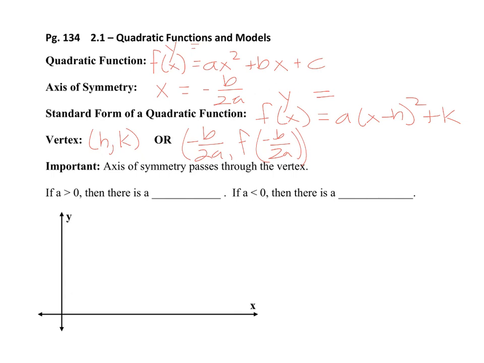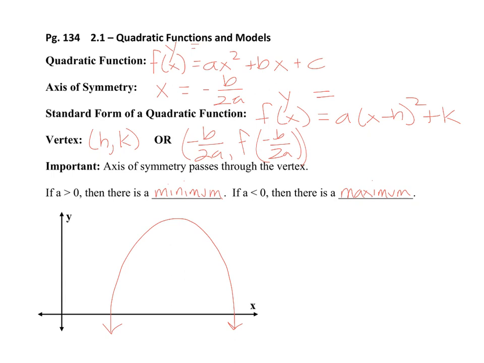Okay. If a is greater than 0, then there is a minimum. If a is less than 0, then there is a maximum. Okay, so here's an example of what we'll be working with. All right, here you have a parabola.